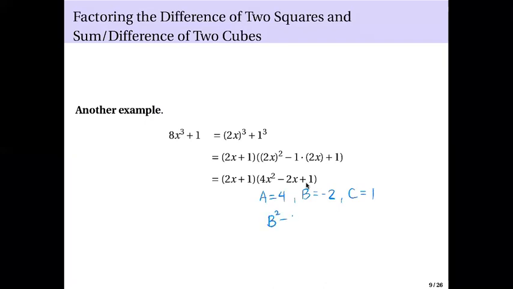So B squared minus 4AC, you have -2 squared minus 4 times 4 times 1. So this is 4 minus 4 times 4, that's 16, times 1, that's still 16. So this is minus 12. And again, this is not equal to 0. So this is prime. Therefore, this is the complete factored form of this expression.